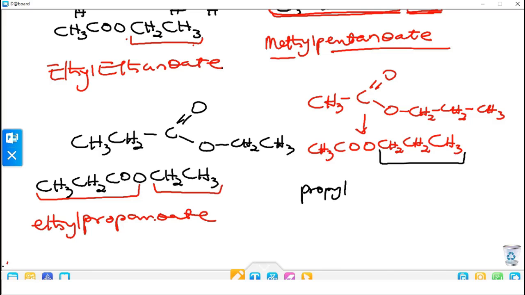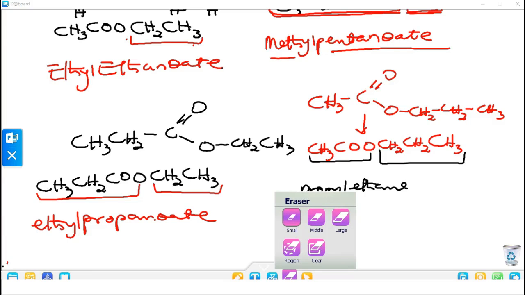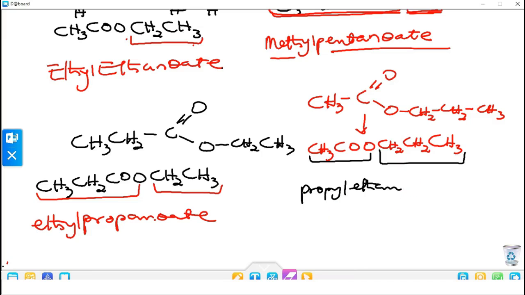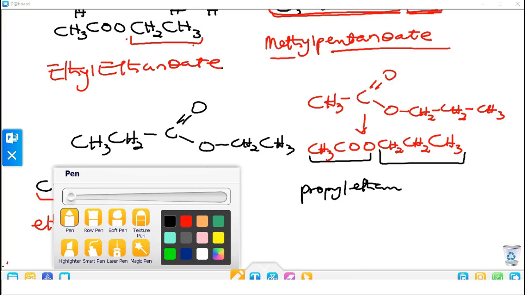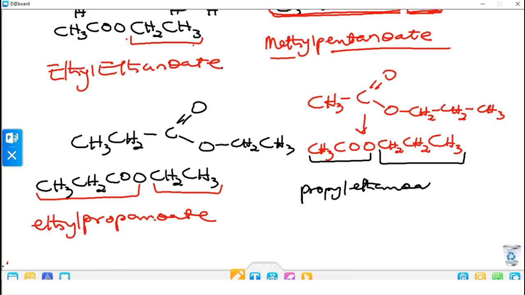And from COO backwards, there are 2 carbon atoms, and that is ethane. But because the E will be replaced by OATE, taking off our E, we'll replace it with OATE. So the name of the compound is propyl ethanoate. And that is how to name an ester.